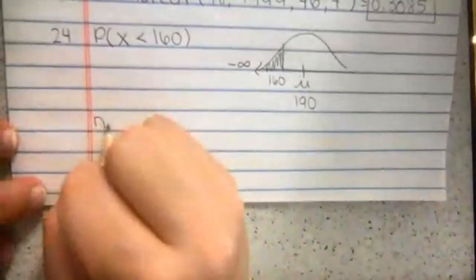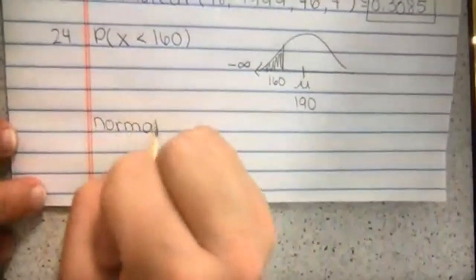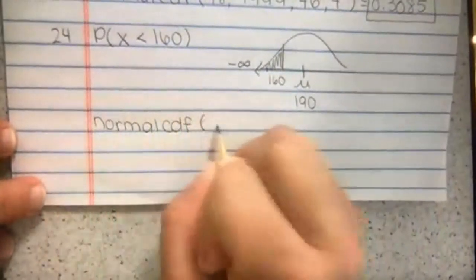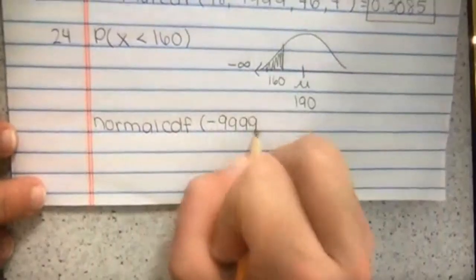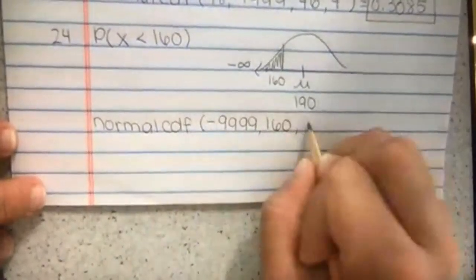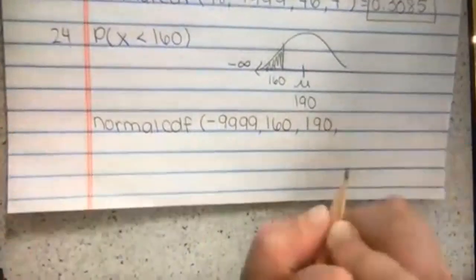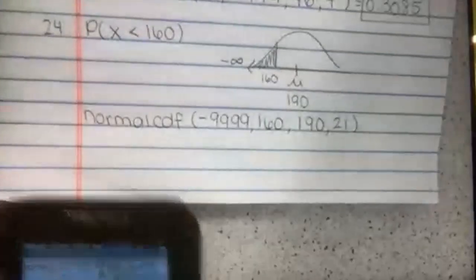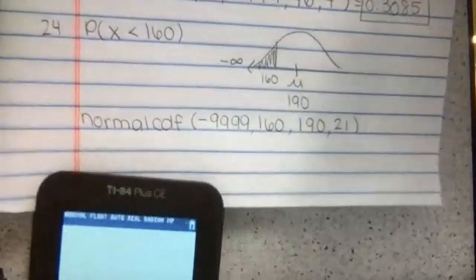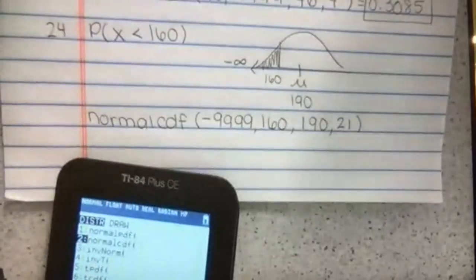So just like the previous problem, in order to find this area, we're going to do normal CDF. Our lower limit's negative infinity, so negative 99999. Our upper limit's 160. Our mean is 190, and they told us in the problem our standard deviation is 21. So second VARS, normal CDF.